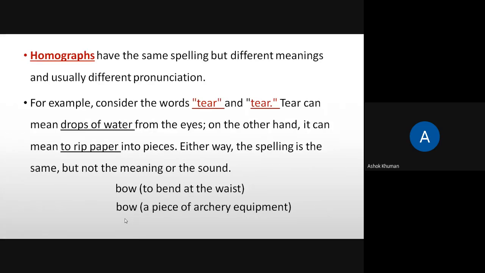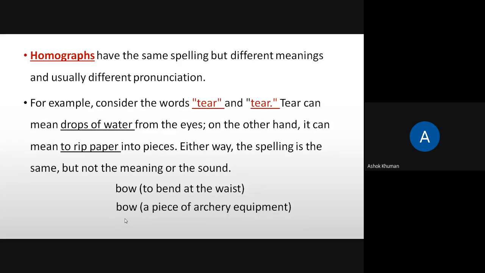You can see the example below, bow. One is bow and one is bow. Bow down, and bow, a piece of archery equipment. Spelling same, B-O-W. Sound different.